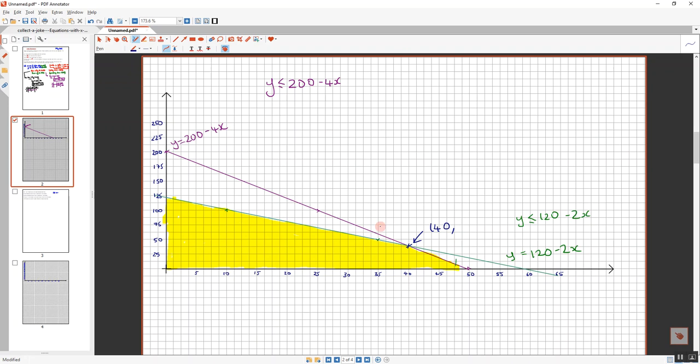It's in between 25 and 50. Guys, come on. It is 40 and 40. We've also got other points where these were. So the two lines intersect at this point at 40, 40.